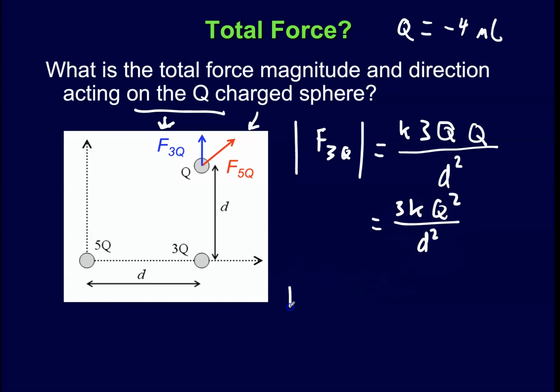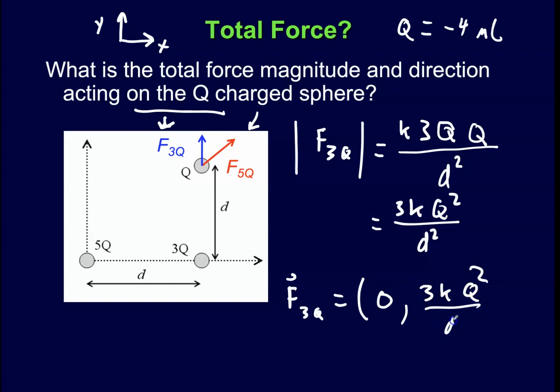Now technically, this is a vector, and so eventually I'm going to want to write it out in its component form, and everyone does this a little bit differently. I'm just going to use our typical convention, this would be our y-axis, this would be the x-axis. So in this case it would be 0 in the x direction, and 3kQ squared over d squared in the y direction. That would be our force, this blue arrow that I drew over here.